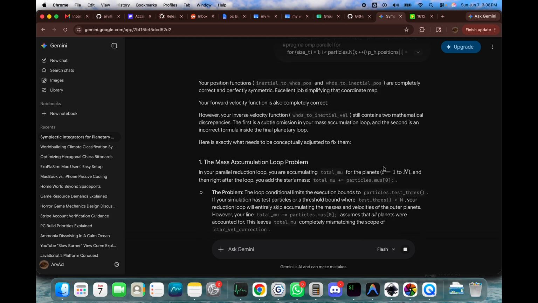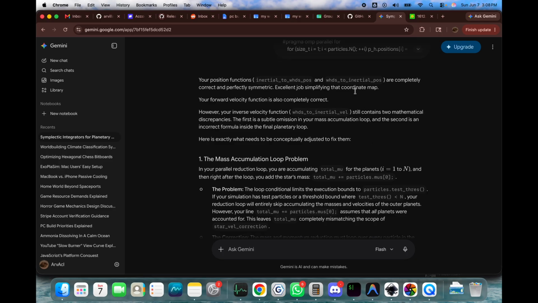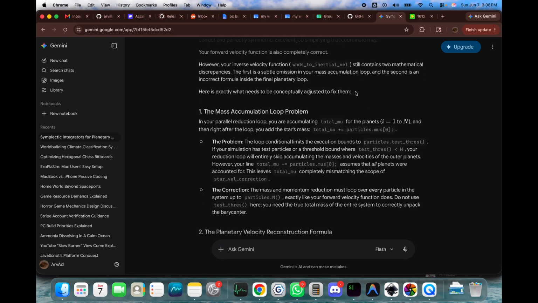Your inverse function still contains two mathematical discrepancies. Emits execution bound. Total mu assumes that all planets are accounted for. This is total mu completely mismatching the scope of the star velocity correction. The mass and momentum reduction must loop over every particle in the system. Do not use test structure.